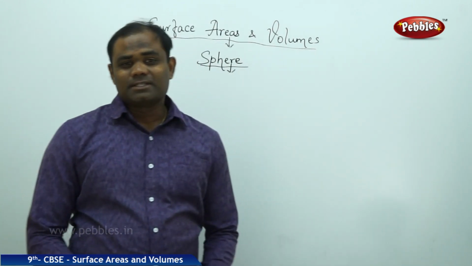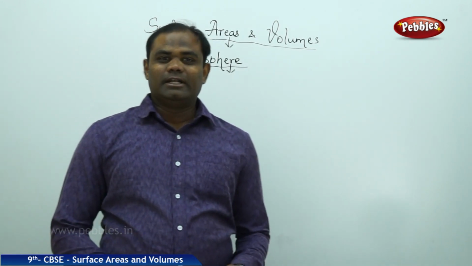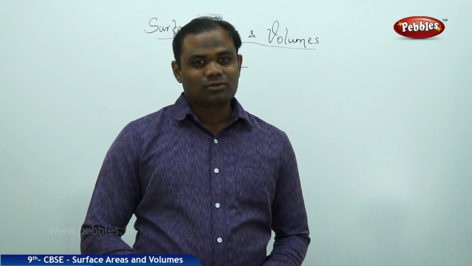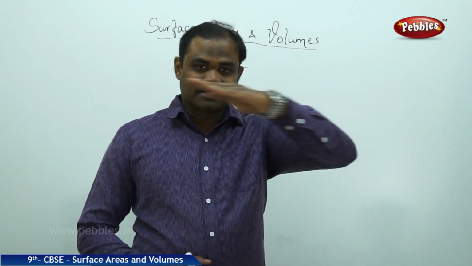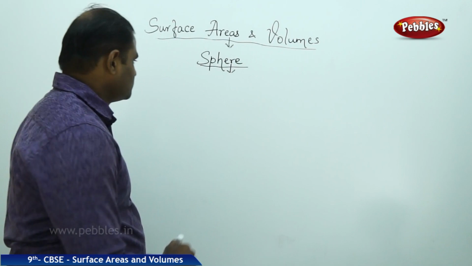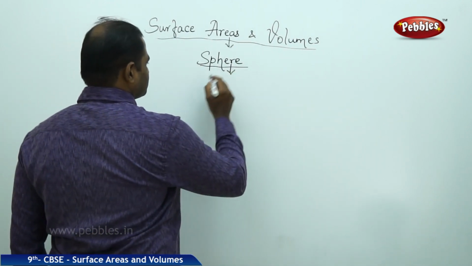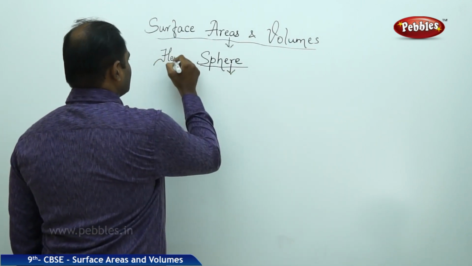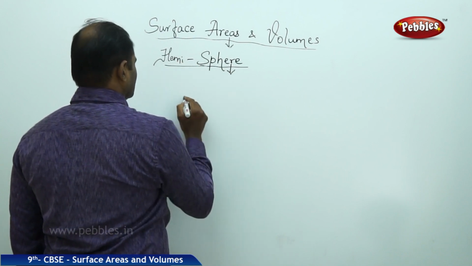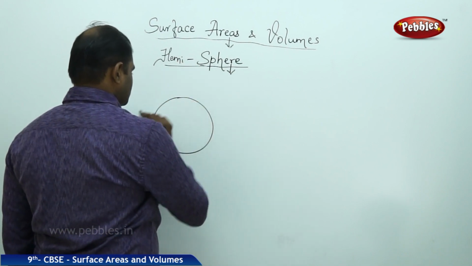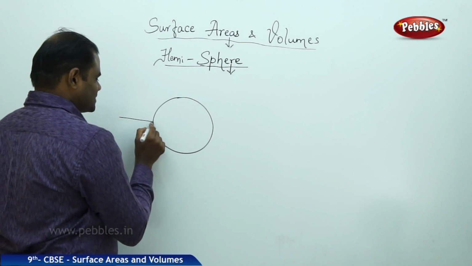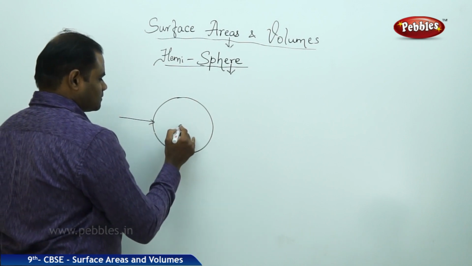Now that we have discussed the sphere, let's see what would happen if I cut the sphere exactly at the center. So imagine I have a sphere which is cut exactly at the center.